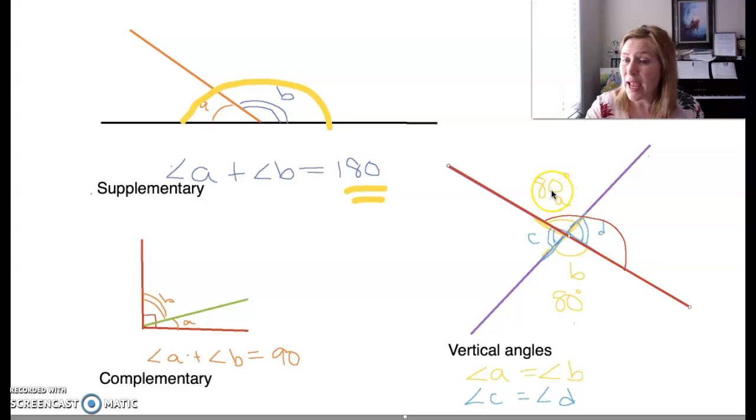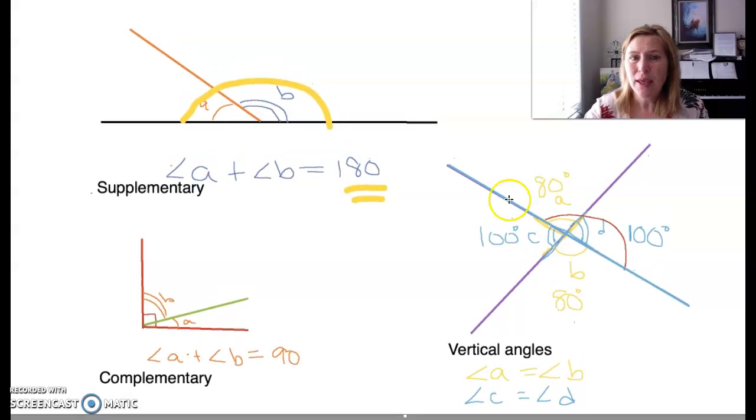So if this one is 80, this one would have to be 100 degrees, because 100 plus 80 makes 180. And if this one is 100, this one is also 100, because they're two equal angles created by two intersecting lines.